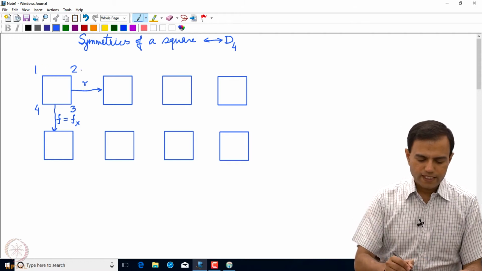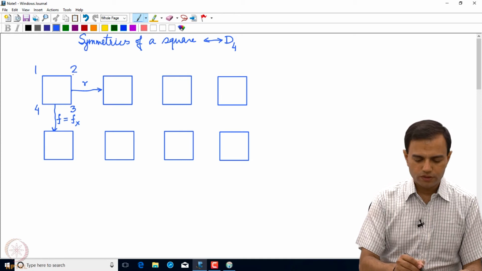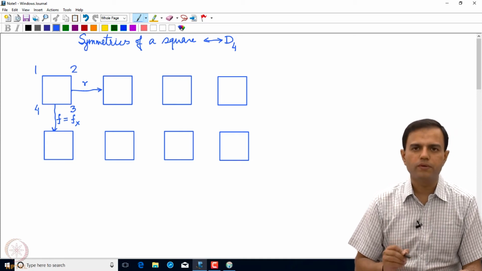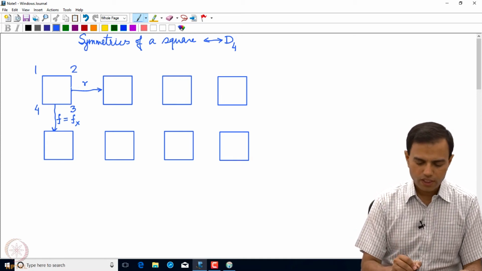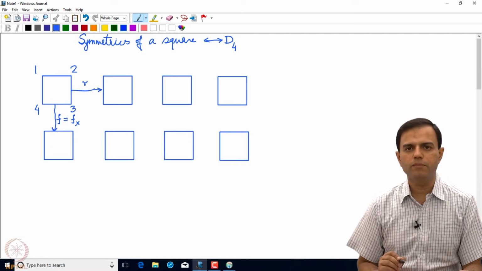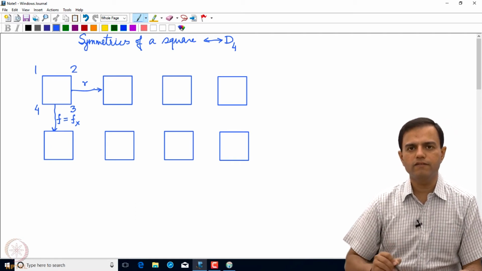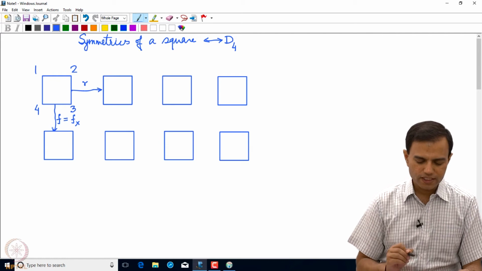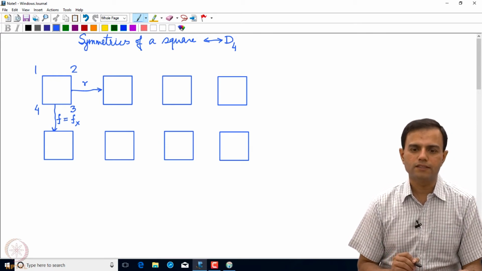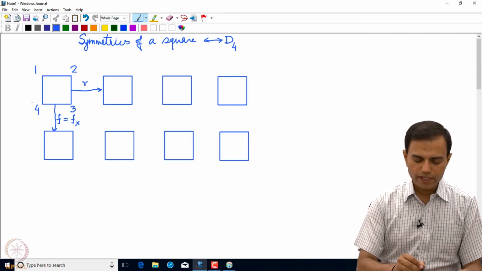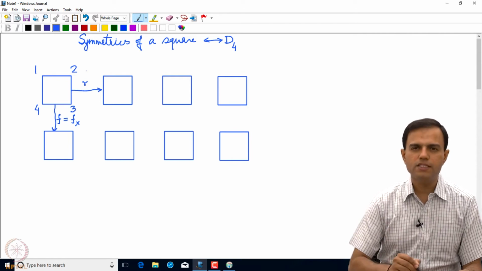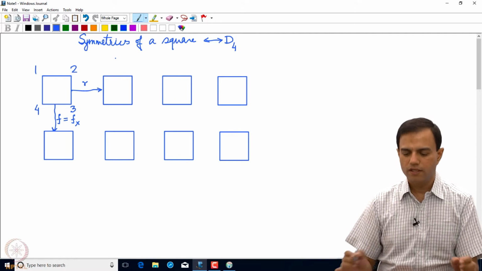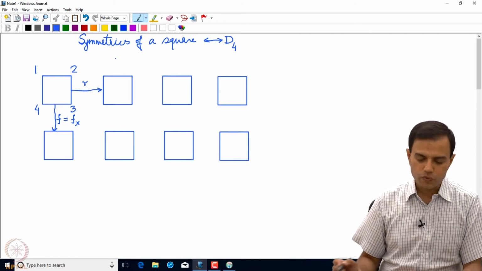I take this as the identity position, 1, 2, 3, 4. R stands for rotation by 90 degrees in the anti-clockwise direction, and F stands for flipping about the x-axis. Accordingly, I am going to label all these configurations of a square.